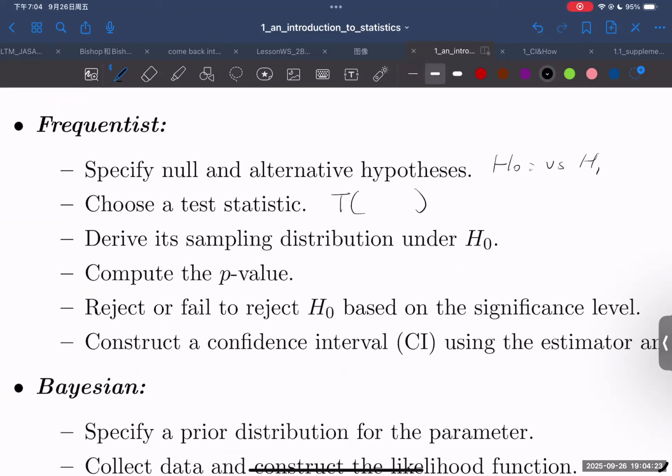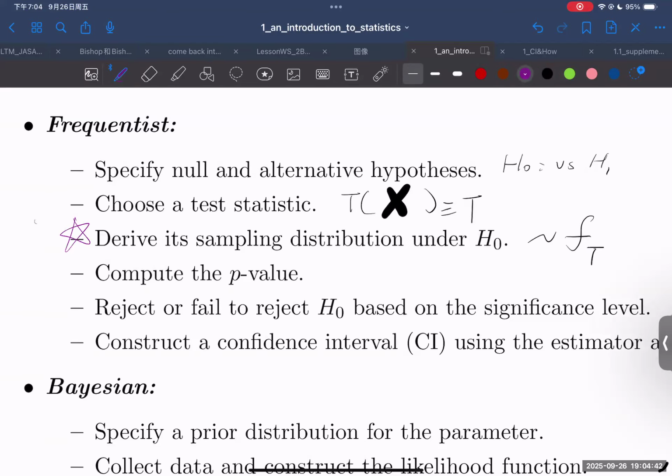For this test statistic, I just write it this way, but you can write it as T. And then next, you have to derive the distribution. This one is extremely important. Why? If you cannot do that, you can do nothing.